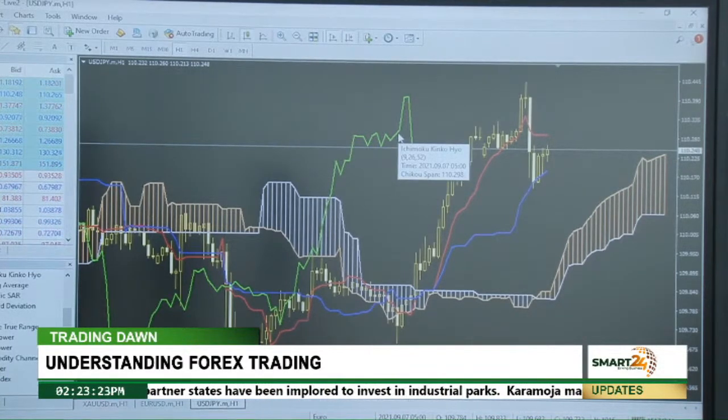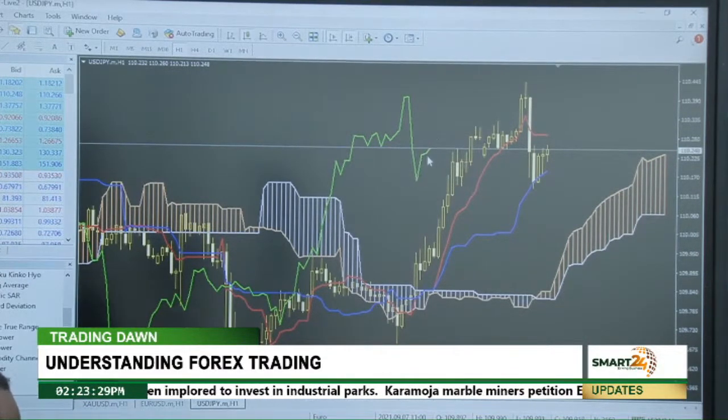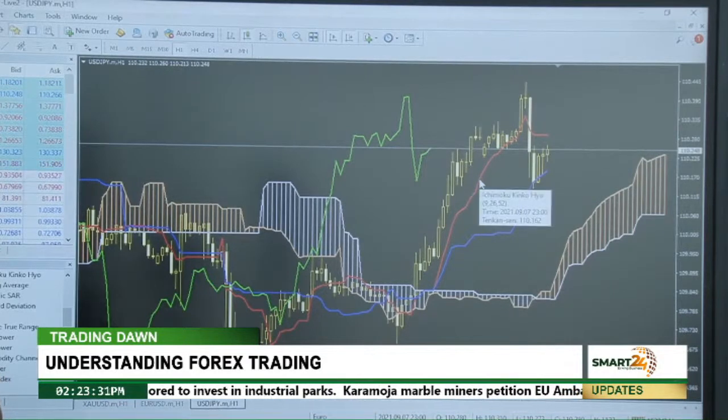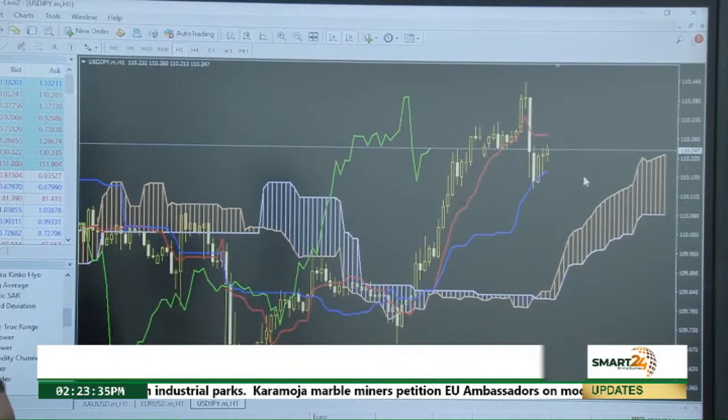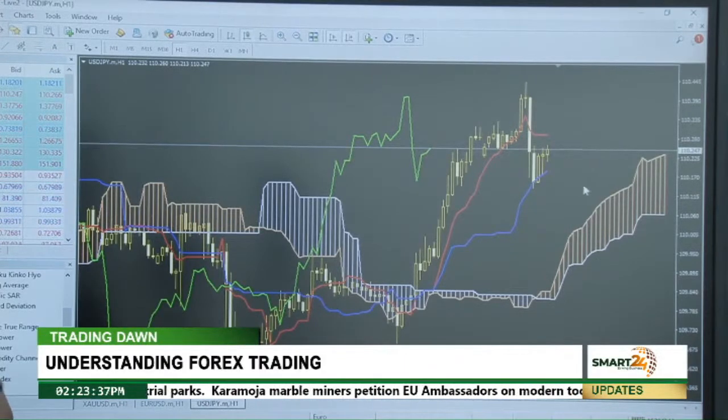I received many phone calls, people telling me, man, that Ichimoku, we didn't understand anything. But anyway, I'll do another episode about this. It is a very good indicator to show you those price movements and how you can look for a reversal.